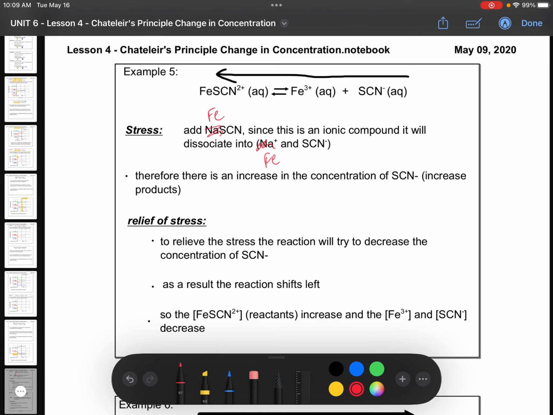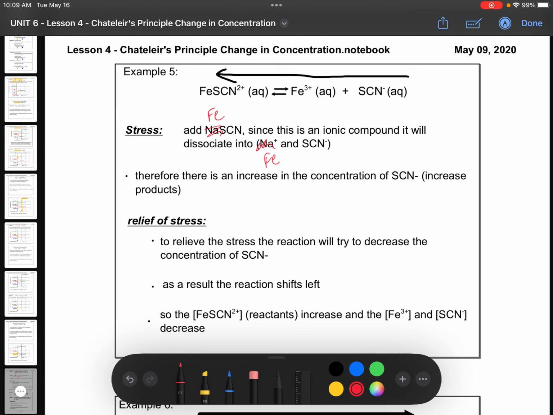So now as we continue on, we can see this is another example here. There was a little spelling error here. This is supposed to be Fe. So when we look at a situation like this, we add FeSCN.